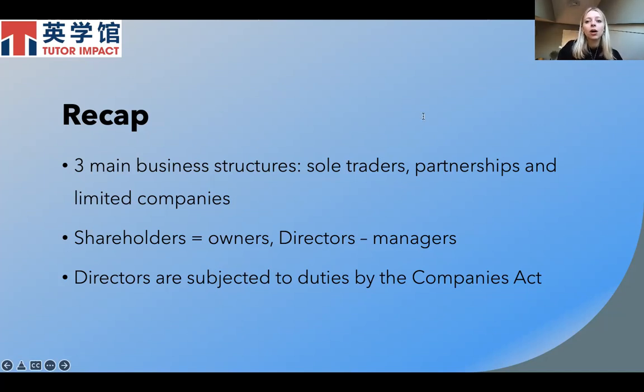This means that the company is a separate legal entity, and with this, it has the benefit that the company is liable rather than those who run it. The people who run the company are referred to as directors, and shareholders own part of that business. But as we discussed as well, the directors do not have the freedom to act as they please. They are governed by directors' duties, which are set out in the Companies Act, which limit their actions.